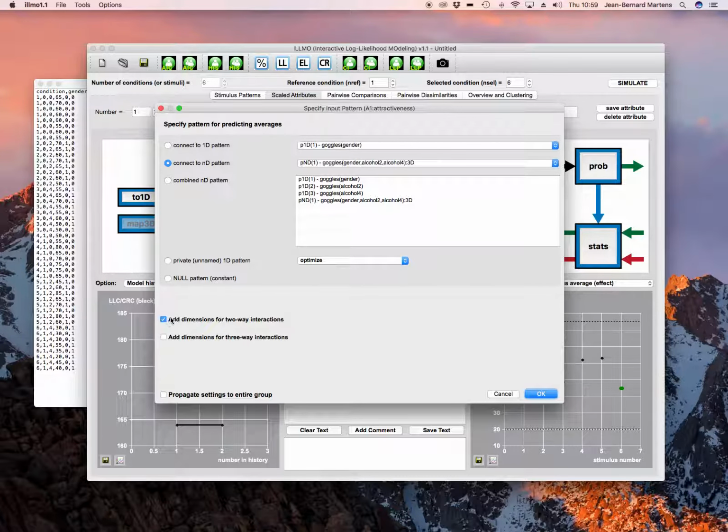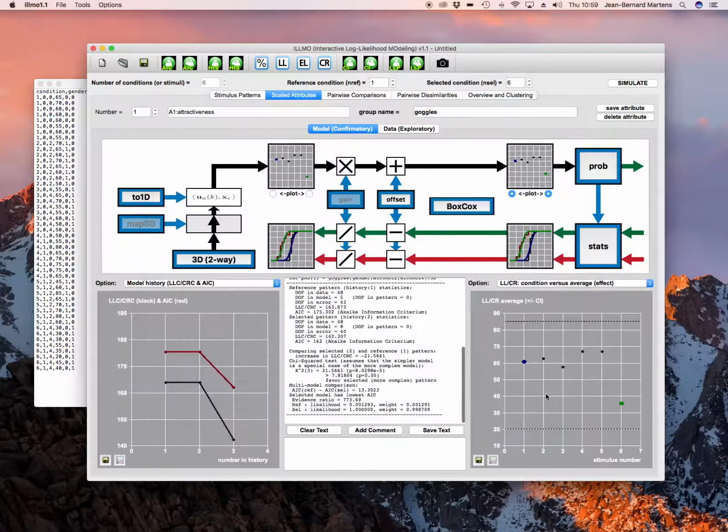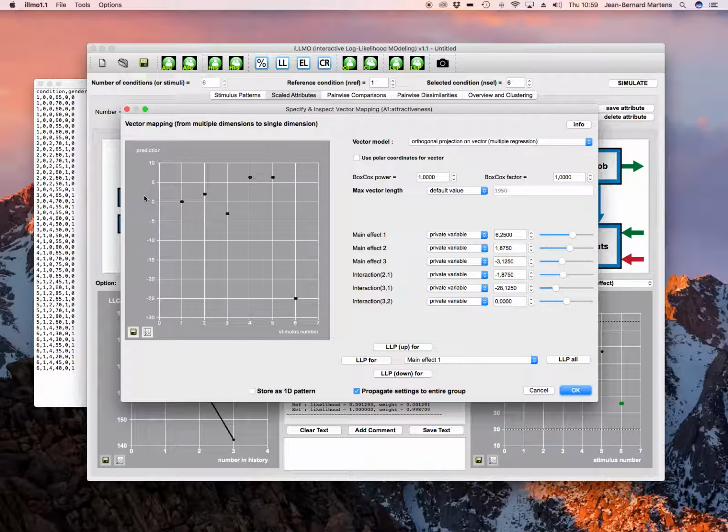So we can add two-way interactions, which means that while the original multiple regression had 3 factors, now 3 factors for interaction have been added. One of these factors, the interaction between 2 dummy variables, is always 0, so we can remove that safely.